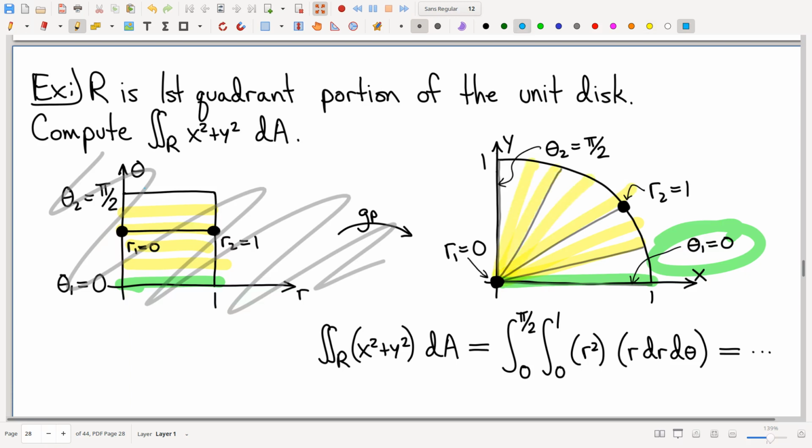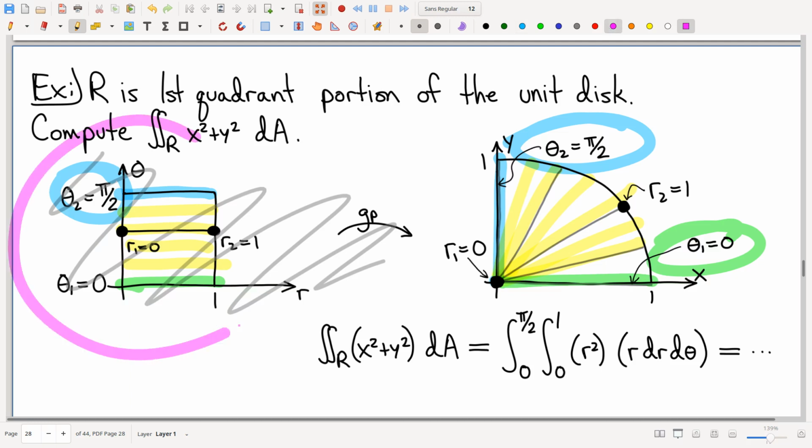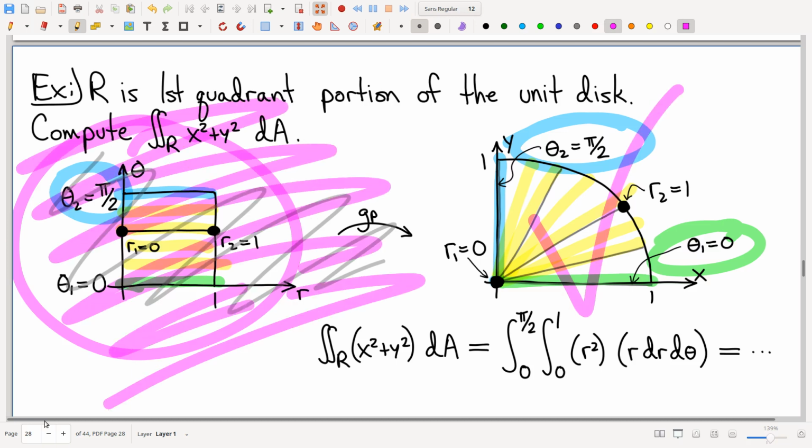My last slice there was where theta was pi over 2. But look, I can also see right there, that's my last theta slice. As theta slices look in the xy plane, I can still totally see that this is pi over 2. So everything that you need from this picture, you can see on this picture, and thus you don't need even to draw that picture at all. You can just slice it up on the original picture that you have there.